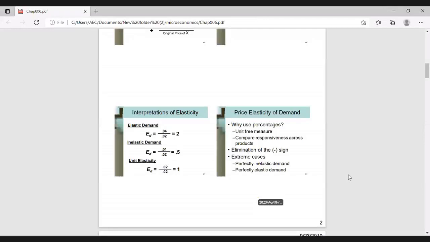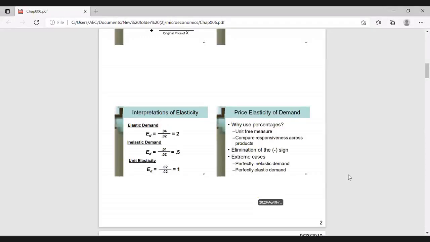Even if the price increases, he will not reduce it, and even if the price decreases, he will not increase it. Some heroin addicts will buy at any price because they are addicted. These are approximate examples for this extreme case. Extreme means very, very rare.